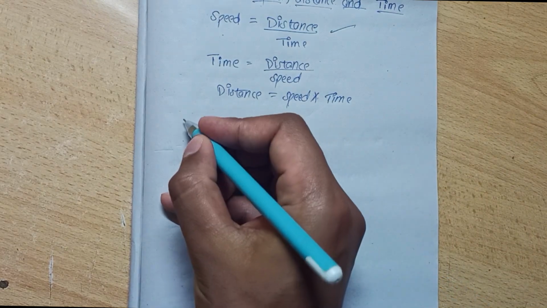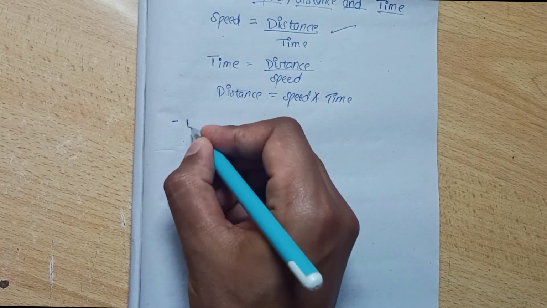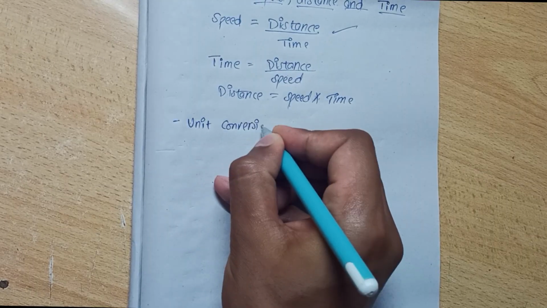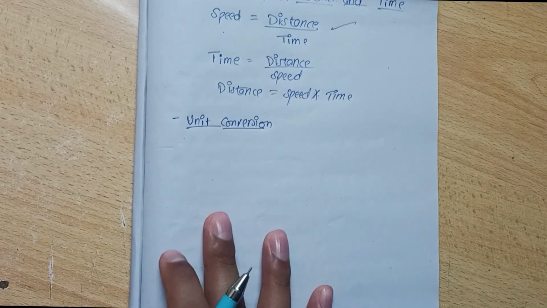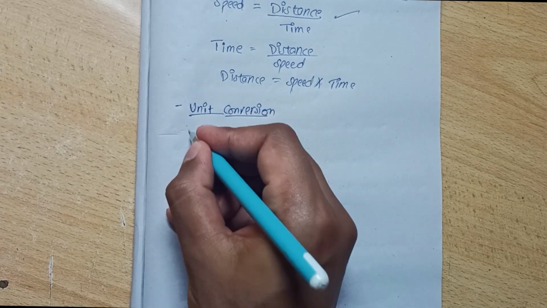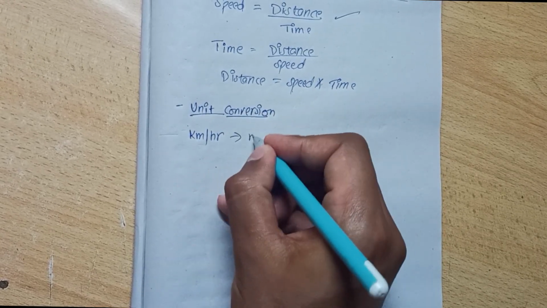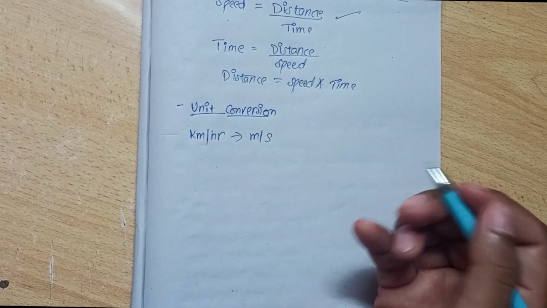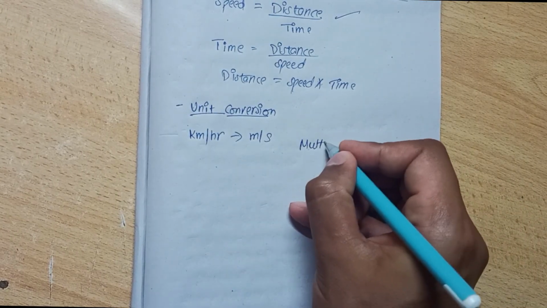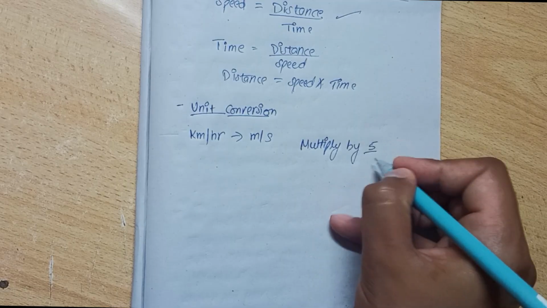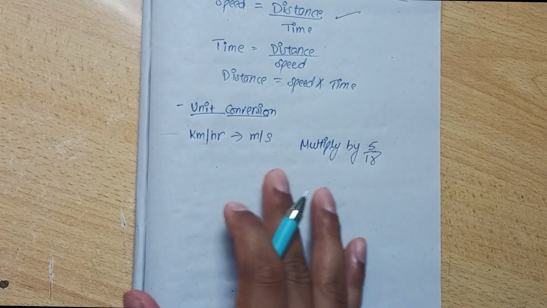So, next topic is unit conversion. For example, if something is given in kilometer per hour, you need to convert into meter per second, then simply multiply that speed by 5 by 18. How this comes, I will explain it later.